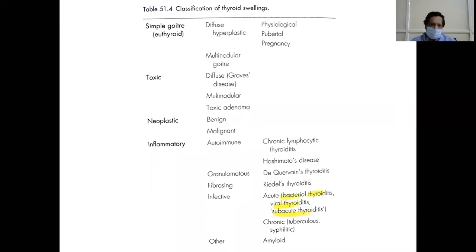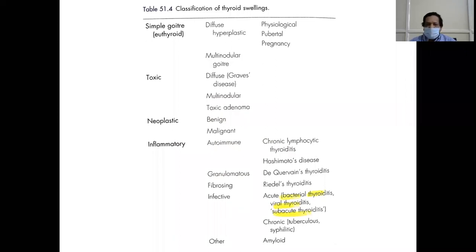Coming to inflammatory, thyroiditis: autoimmune, this is chronic lymphocytic thyroiditis or Hashimoto's thyroiditis. Then we have granulomatous, otherwise known as de Quervain's thyroiditis. Fibrosis may be part of a generalized fibrosis, that is Riedel's thyroiditis.